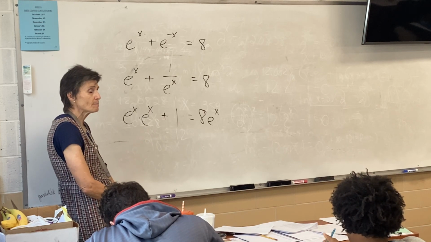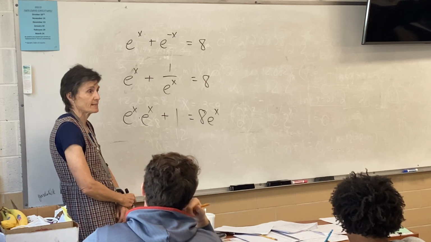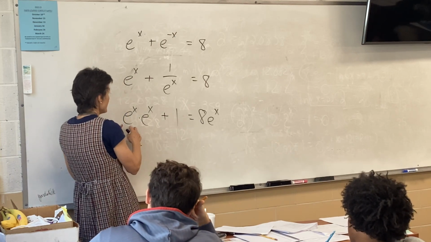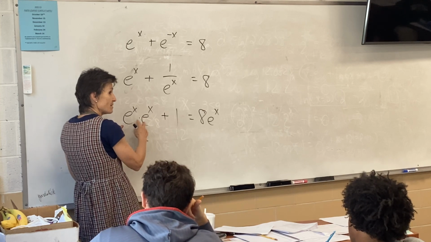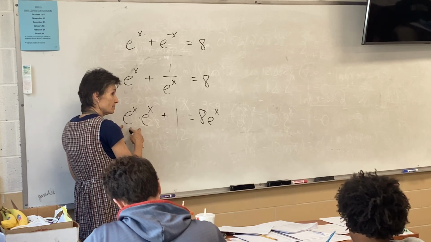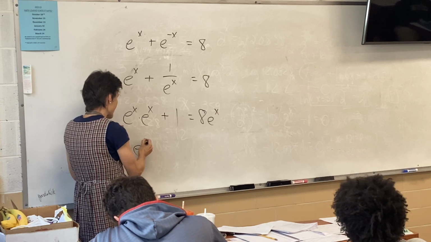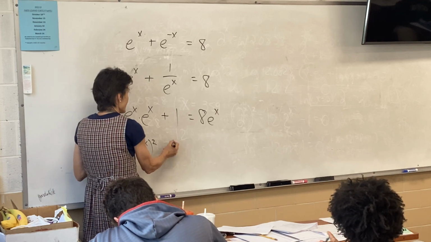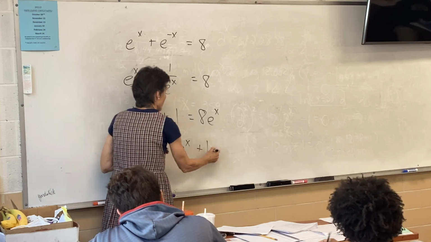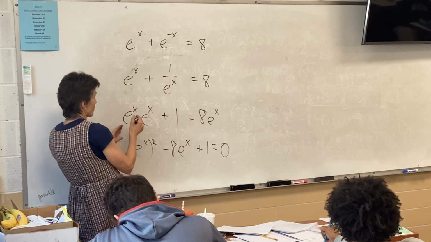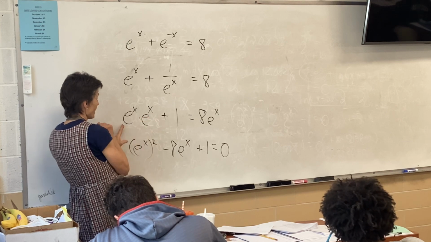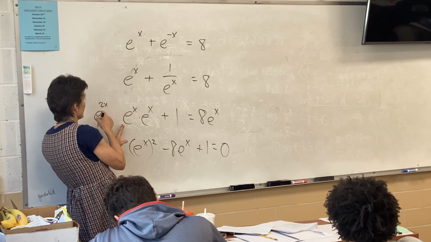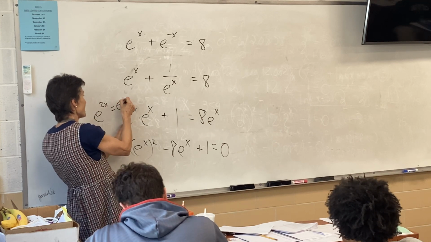And here comes the part where you gotta be a little sophisticated. You have to recognize that this is e to the x squared, because it's e to the x twice, minus 8e to the x plus 1. So e to the x times e to the x is e to the 2x, exponents added. 2 times x is the same as x times 2.